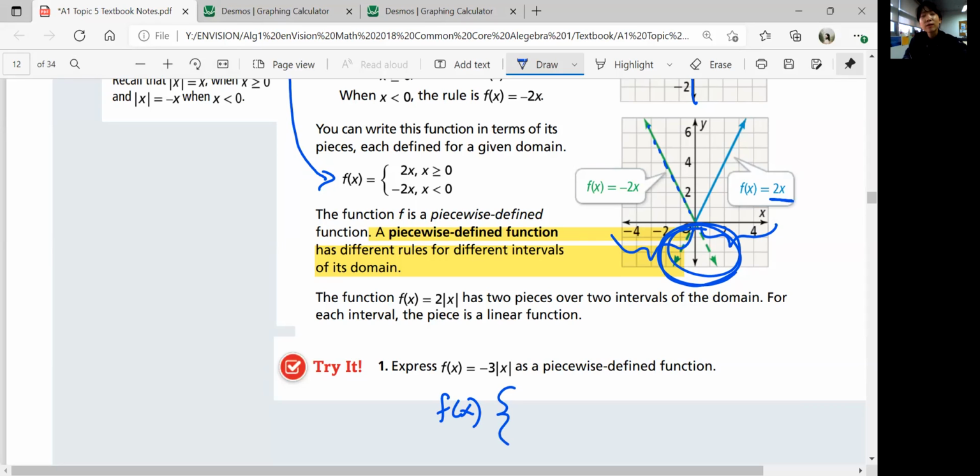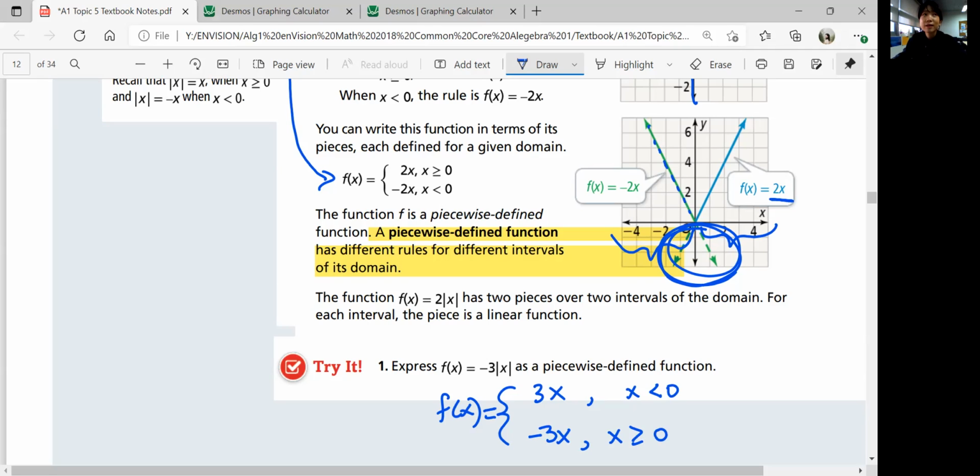First, f of x is already the range, right? So you don't have to write y equals again. You just have to write the equation here. So 3x when x is less than 0, right? And it could be negative 3x when x is greater than or equal to 0.